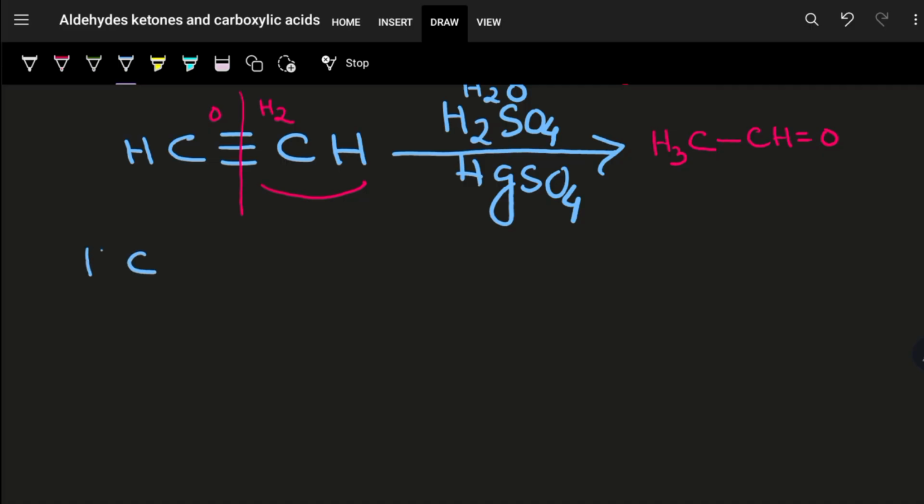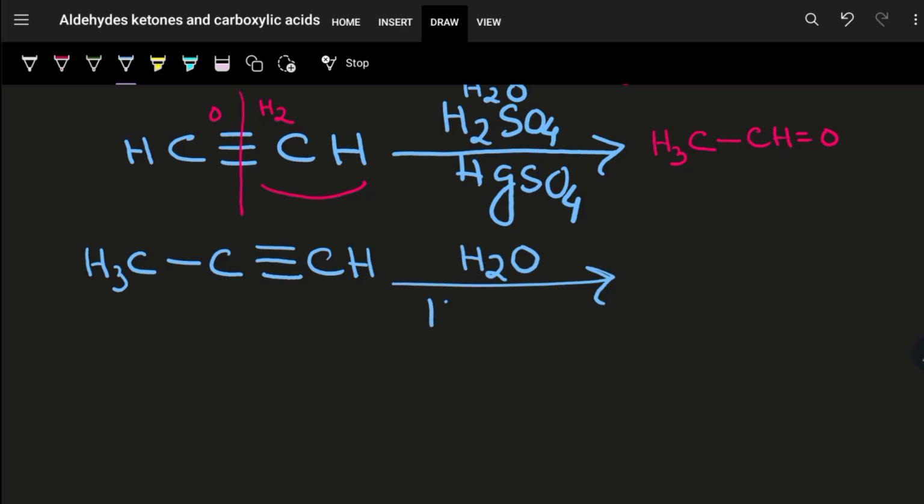If I use unsymmetrical, say I'm writing CH3 C and a triple bonded CH. This is unsymmetrical alkyne. Same thing I will do. I will add H2O in presence of H2SO4 and HgSO4. When I do so, remember that OH2 is added in Markovnikov manner.